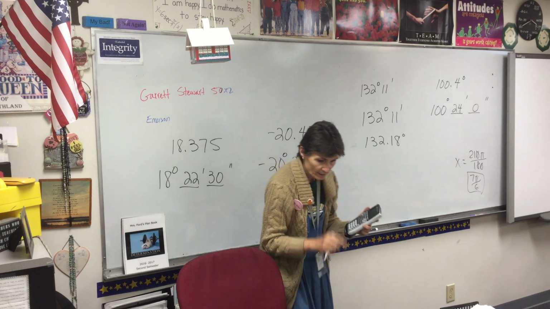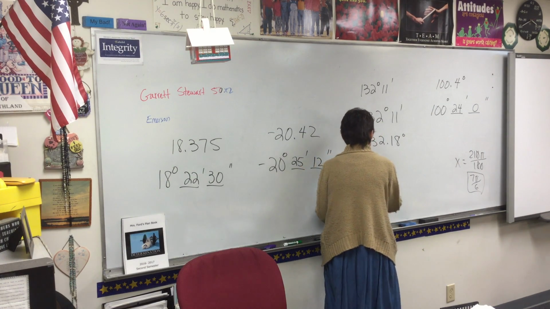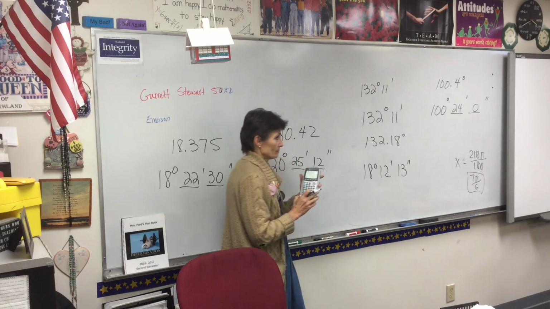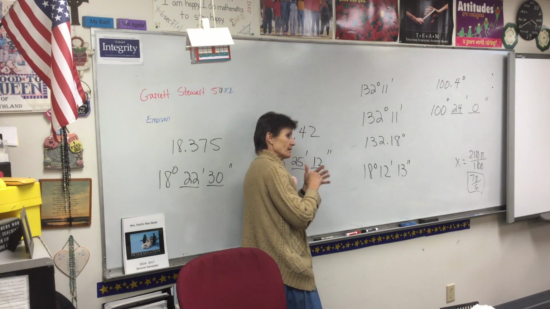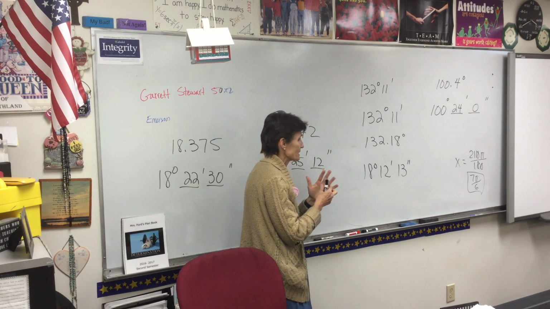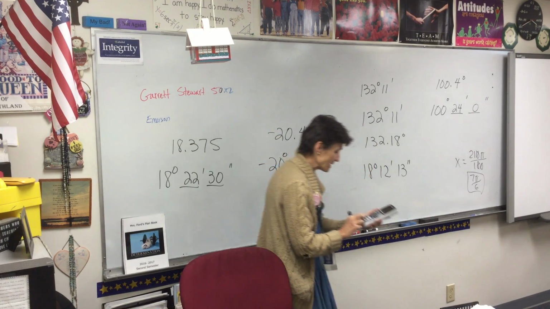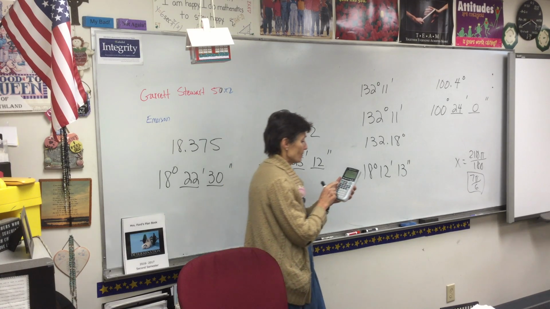All right, we'll try another one here. 18, 12, 13. All right, so whatever you're typing in, let's stop so we can get through this one together. All right, we ready? So we're going to type 18 first, just 18. Then what?